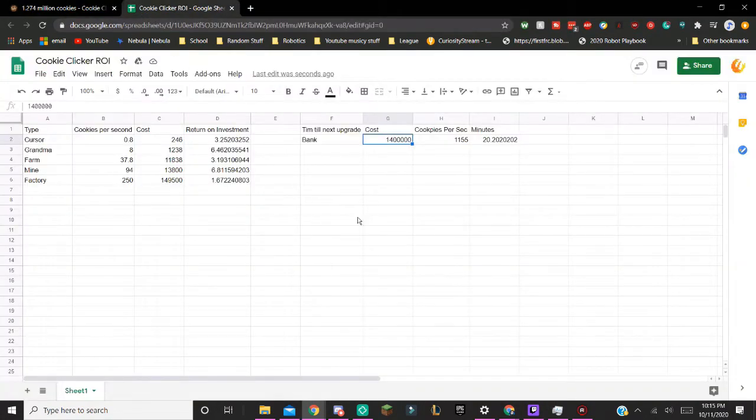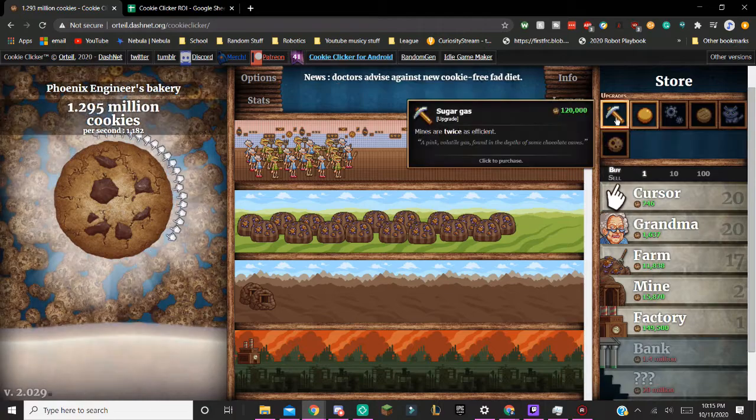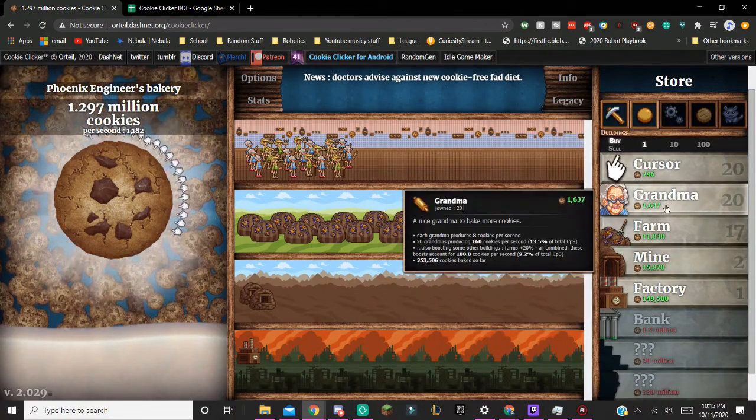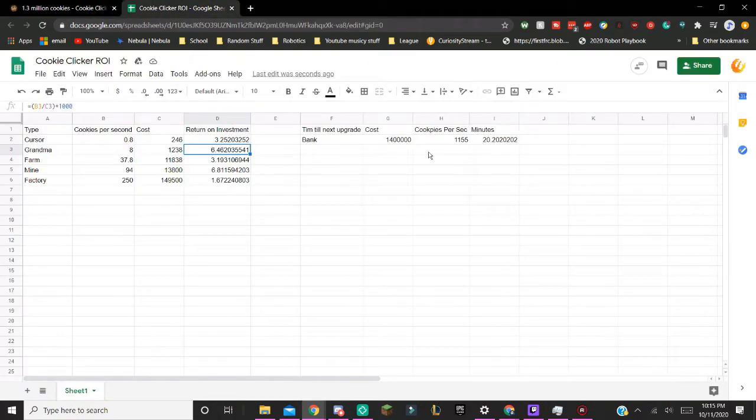The whole thing should be automated. So, 20 minutes is a bit of a long time to wait, and you're not making any more cookies if you're not buying new items with that. When you have items with really high return on investment, like the grandmother, it makes sense to try upgrading the grandmother in more types before, instead of waiting 20 minutes and doing nothing.